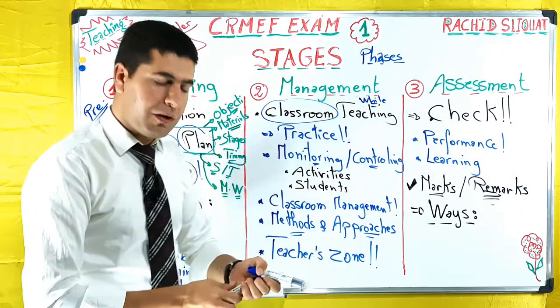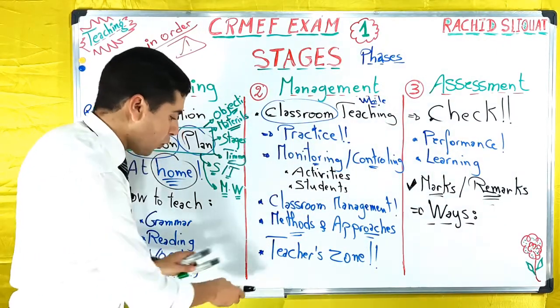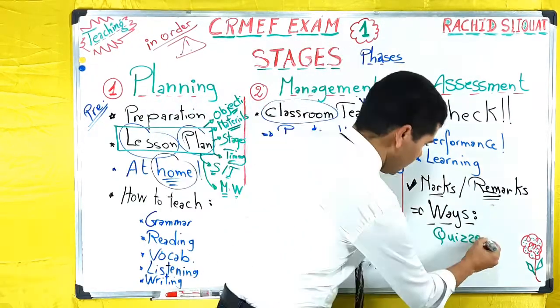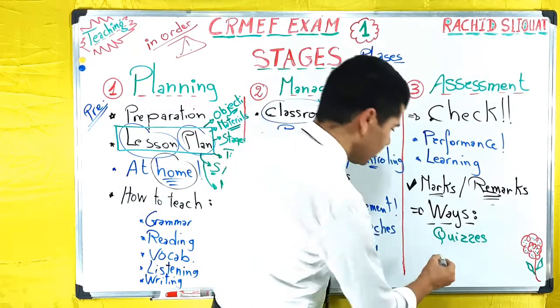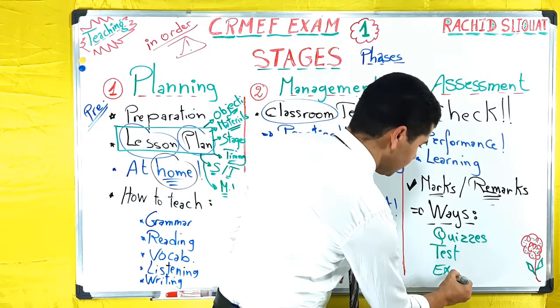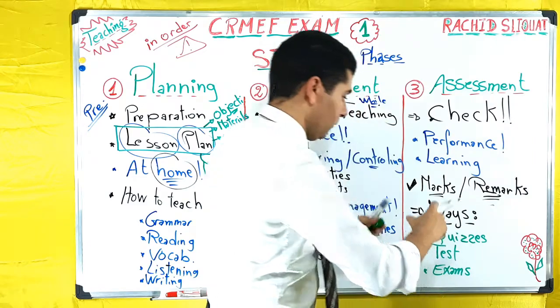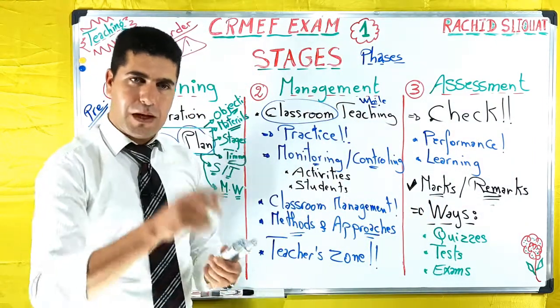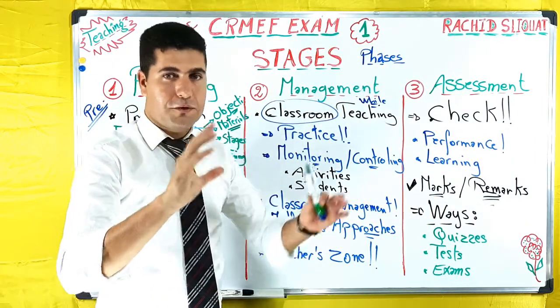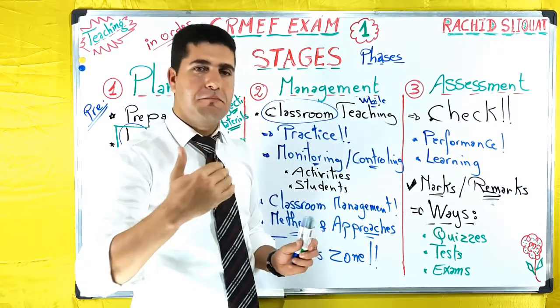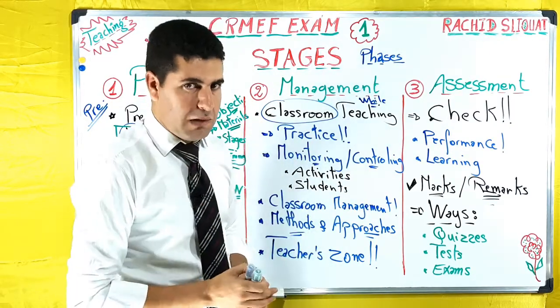However, we can also talk about different common ways of assessment. For example, quizzes, or we can also have tests or exams. So these are the three general ways of assessment. A quiz is very short and very small, that you can do even after one lesson or maximum after a unit.